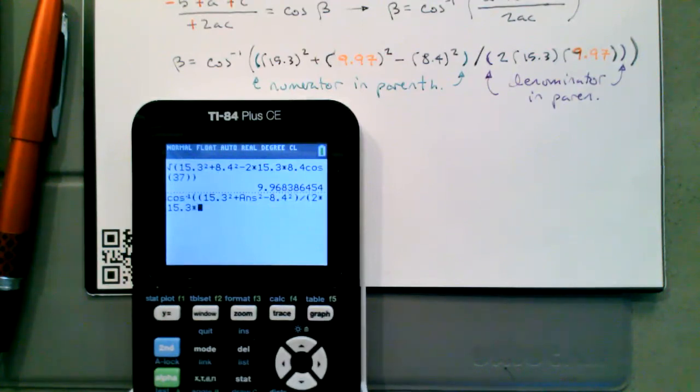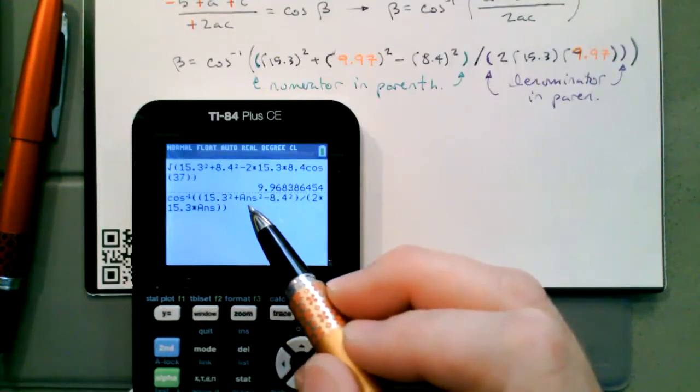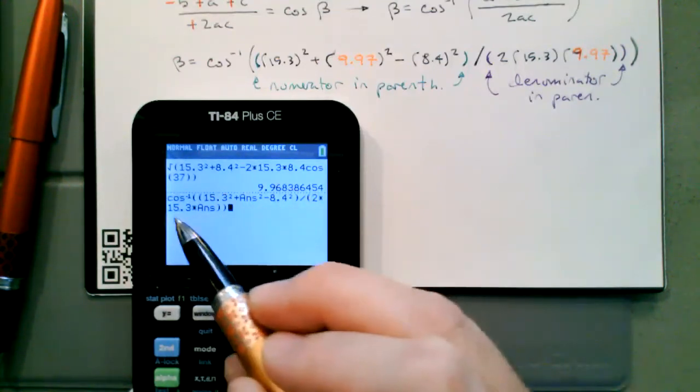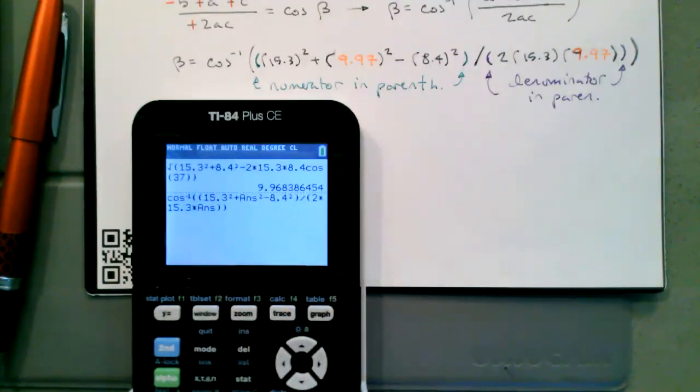I don't want to type 9.97, so I'm going to press second answer, because my calculator right now has 9.968386454 stored. Then I'll close the denominator and close the cosine inverse. Double check: 15.3 squared plus C squared minus B squared, divided by 2 times A times C, and this is all being cosine inversed. So it looks like angle beta is 30.5.